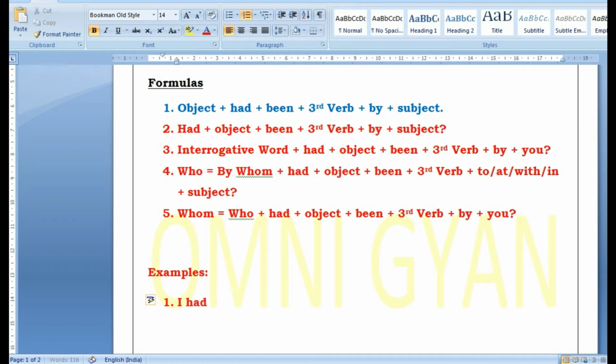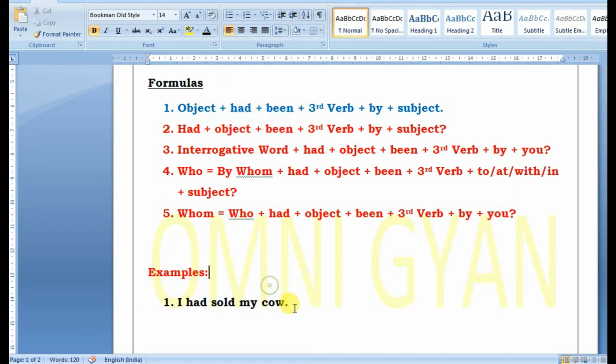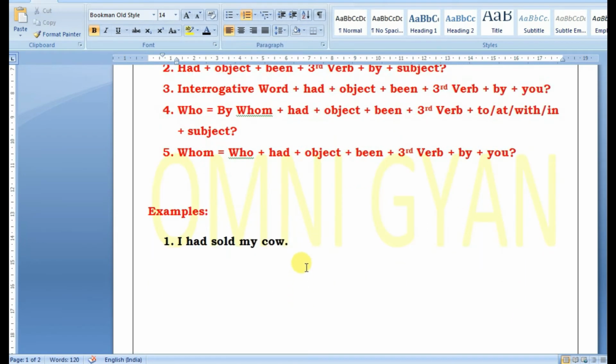I had sold my cow. First of all, as I told you, you will have to find the subject and the object. Subject is somebody who does the action, so I here is doing the action, so I becomes the subject, and the target is cow.